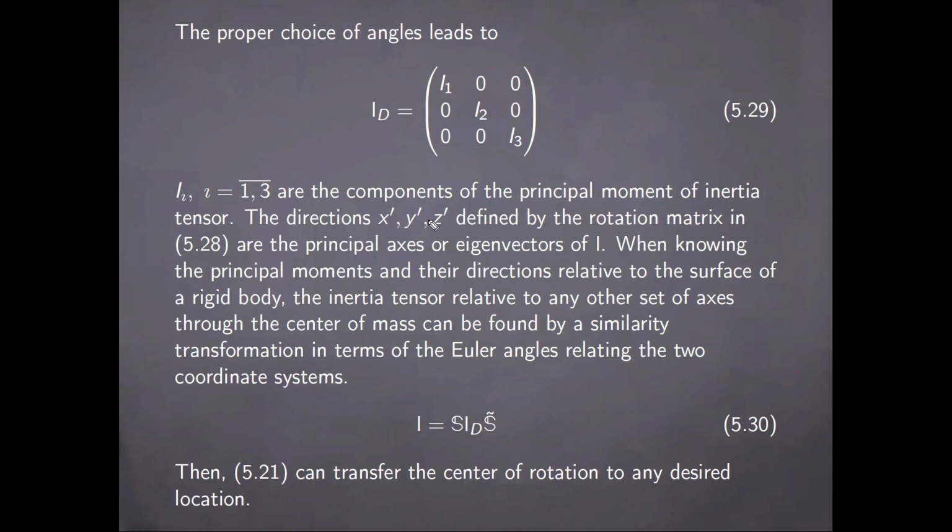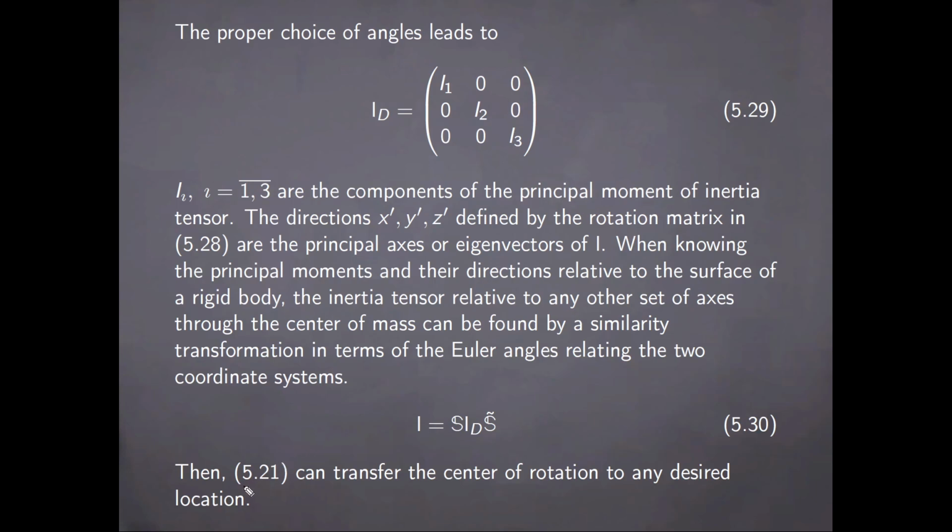The primed directions defined by the rotation matrix in equation 528 are the principal axes or the eigenvectors of the inertia tensor. When knowing the principal moments and their directions relative to the surface of a rigid body, the inertia tensor relative to any other set of axes through the center of mass can be found by a similarity transformation in terms of the Euler angles relating the two coordinate systems. So simply through the transformation here.